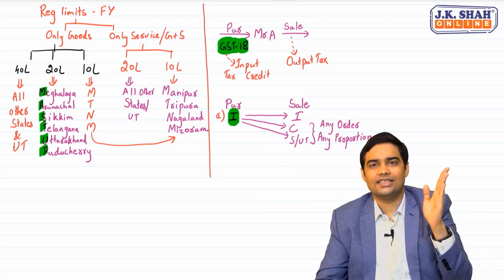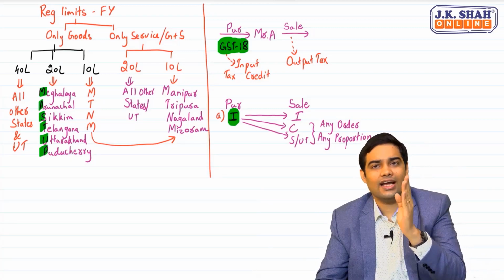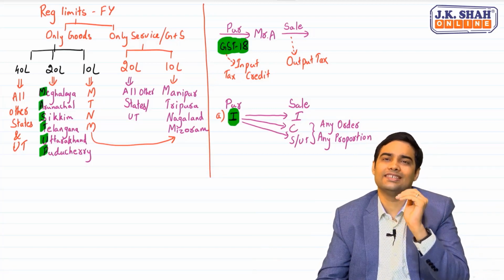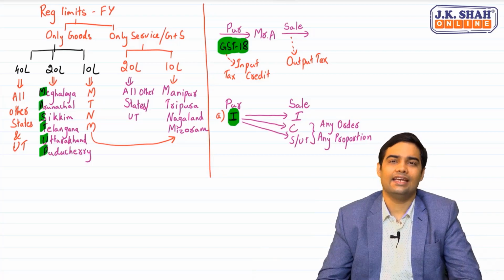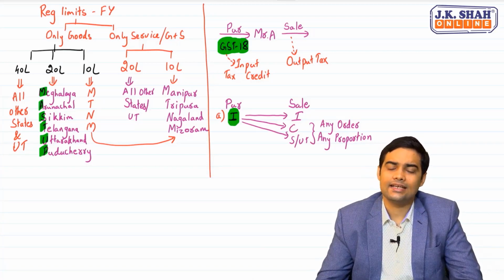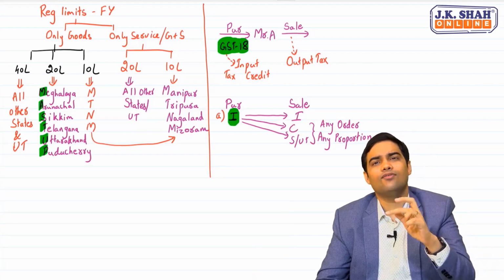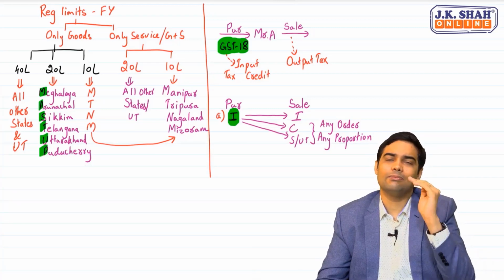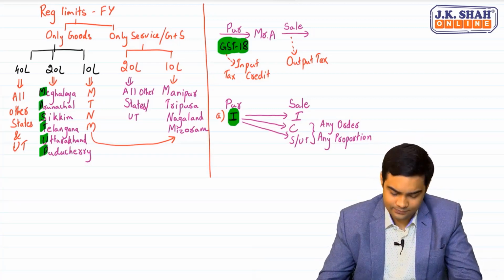IGST paid would be first adjusted against I on sale. Then I would be used to pay CGST and SGST. Any order, any proportion. If the question is silent, I would recommend you to most of the times use 50-50 while you are using I, so that you have parity between C and S.